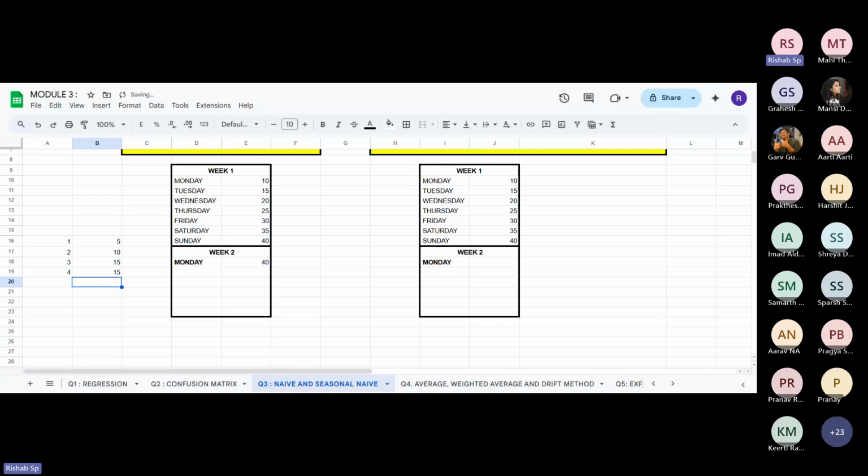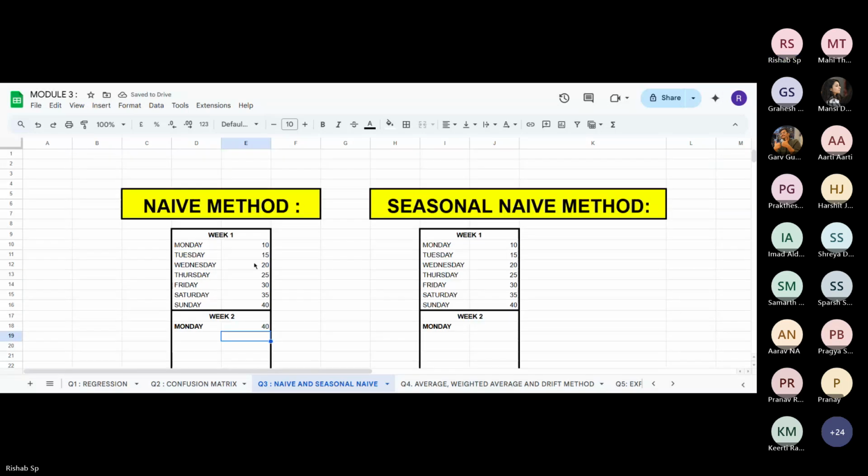This is the naive method, a simple method for predicting the future outcome. You just need to be aware that we just use the previous data right before the day. Like here it is Sunday, the data is 40. We use 40 itself for Monday. That's it. Naive method. This is the first method.